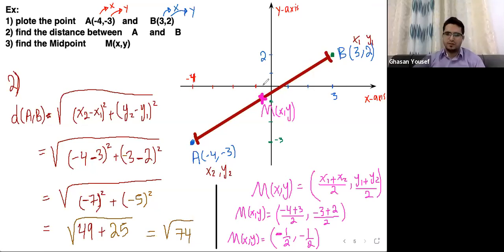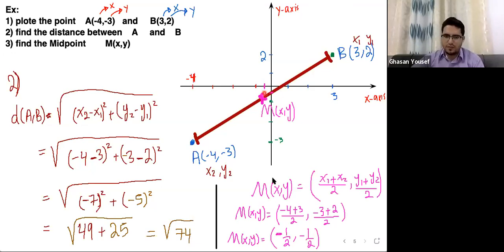So actually the minus 1/2 would be around here for the x, and also around here for the y. So the x coordinate of the midpoint is minus 1/2 and the y coordinate is minus 1/2.